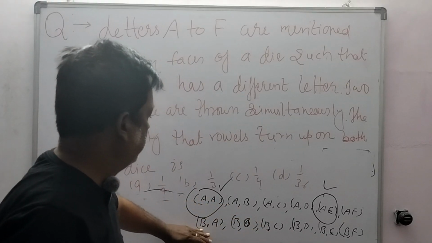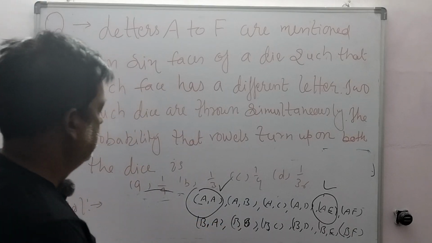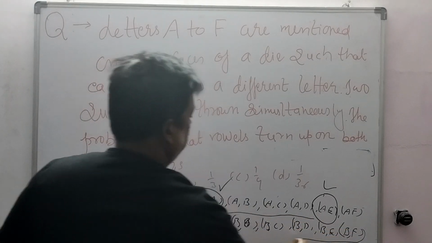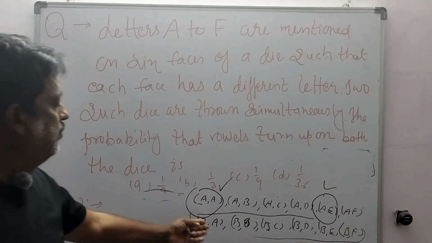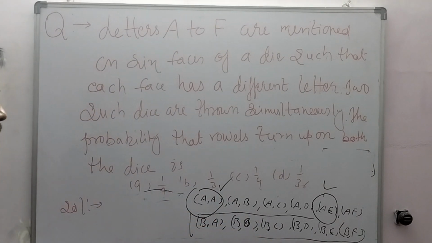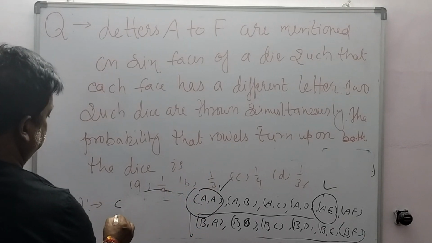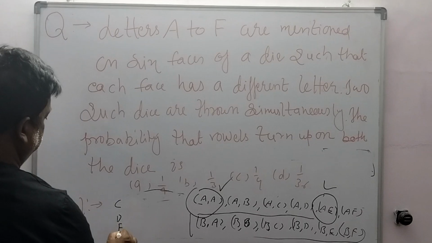The outcomes may be all these things, but nobody is favorable. Outcomes are available, but nobody is favorable. So for B, C, D, E, F.